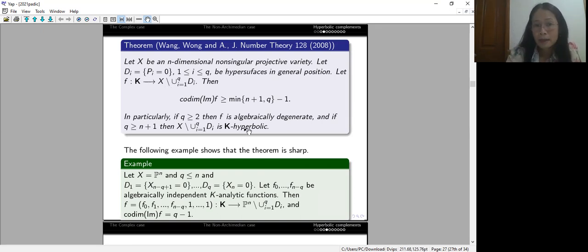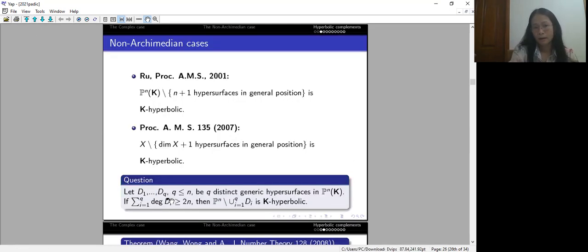And this result is sharp. That means if we reduce the number to n, and all of the degrees are 1, then the result is not correct. So that's why, when we reduce the number of hypersurfaces, the degree we need to increase a little bit.